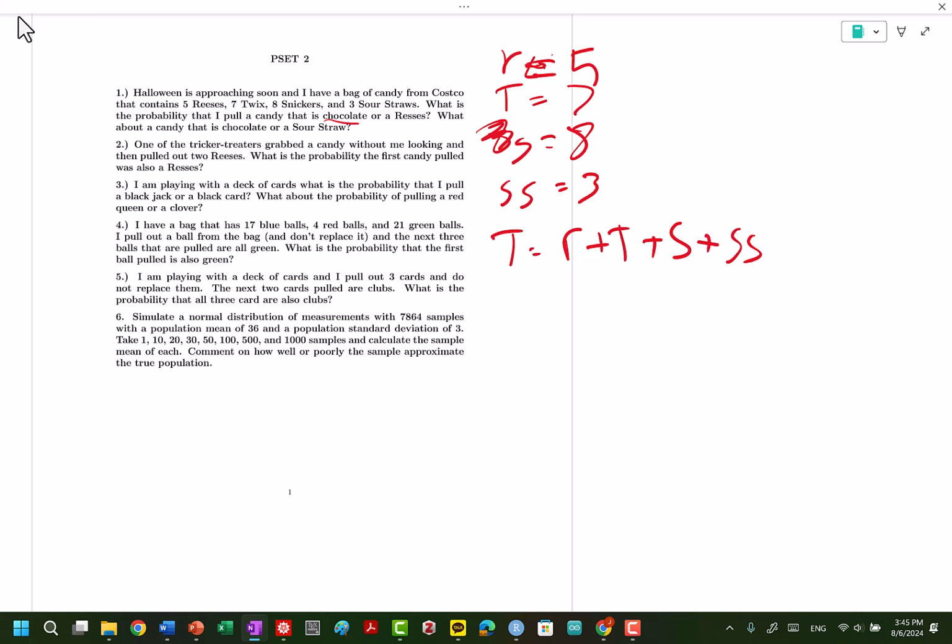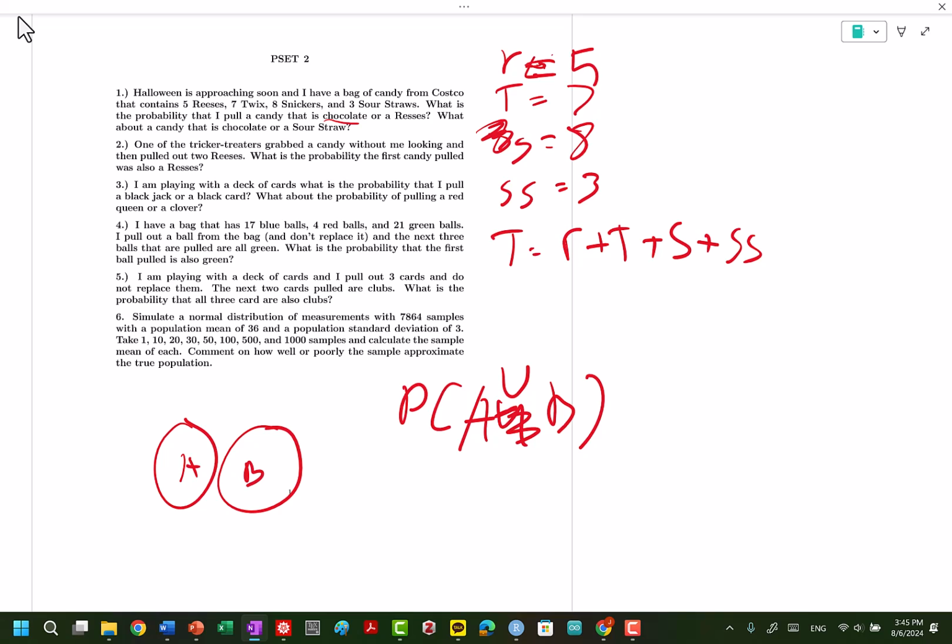So if we have, for example, the probability of A union B, looking at event A and B, and then these circles overlap a little bit, we're going to be looking at the total events here of A and B. Remember, this is union, so that's going to be probability of A or B. And that's for if they're mutually exclusive.